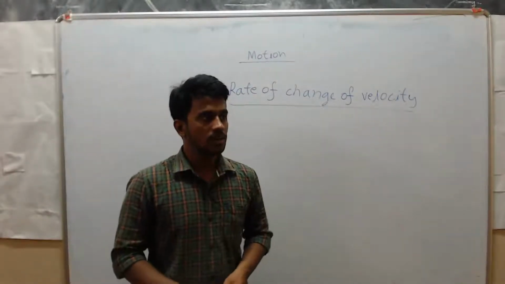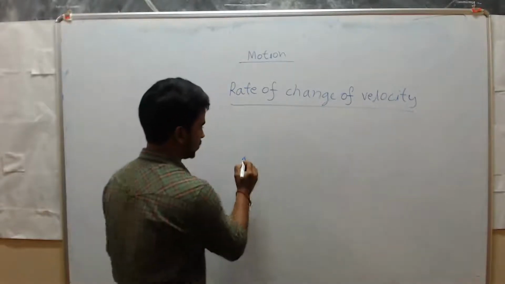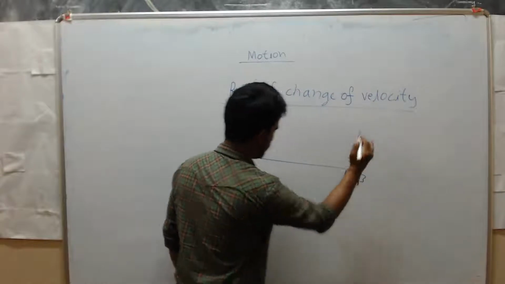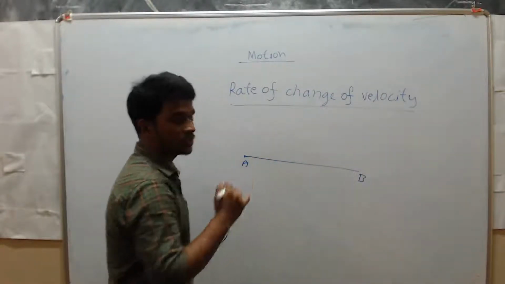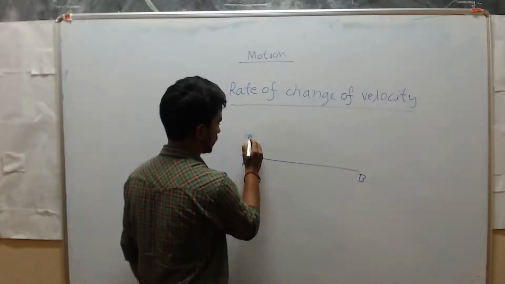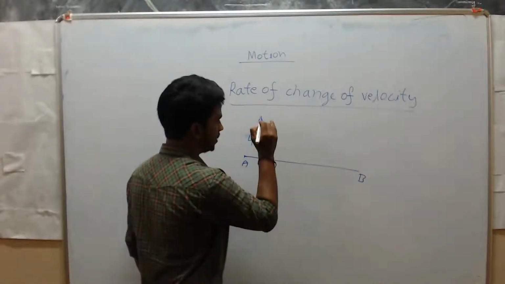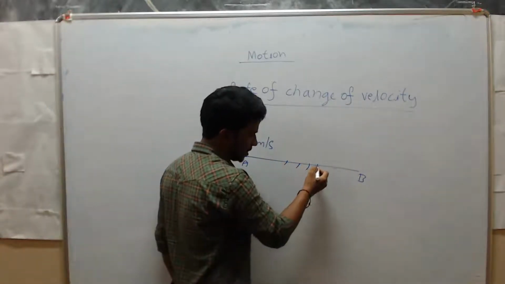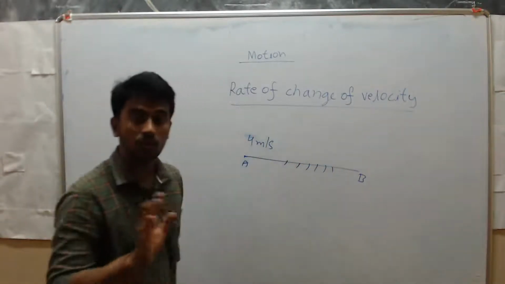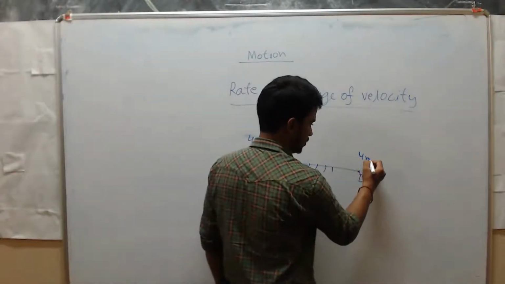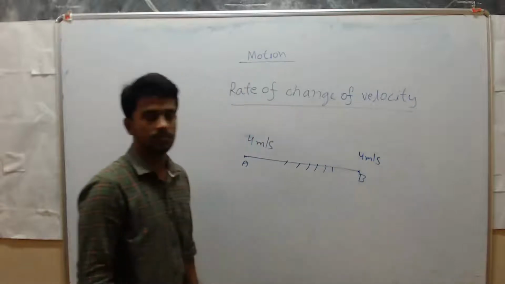Suppose one object is traveling from A to B. At this position, the velocity of the object is 4 meter per second. At this point also, its velocity is 4 meter per second. At point B also, its velocity is 4 meter per second.